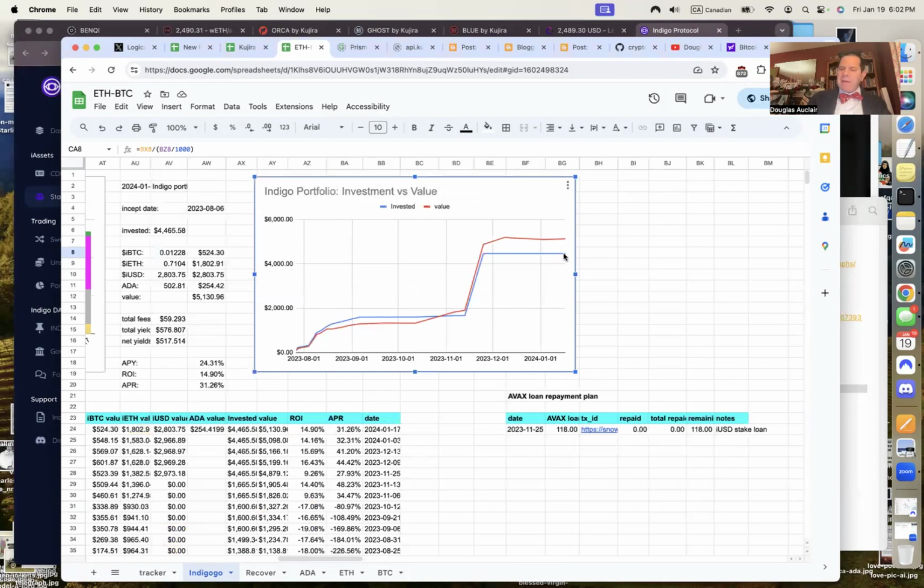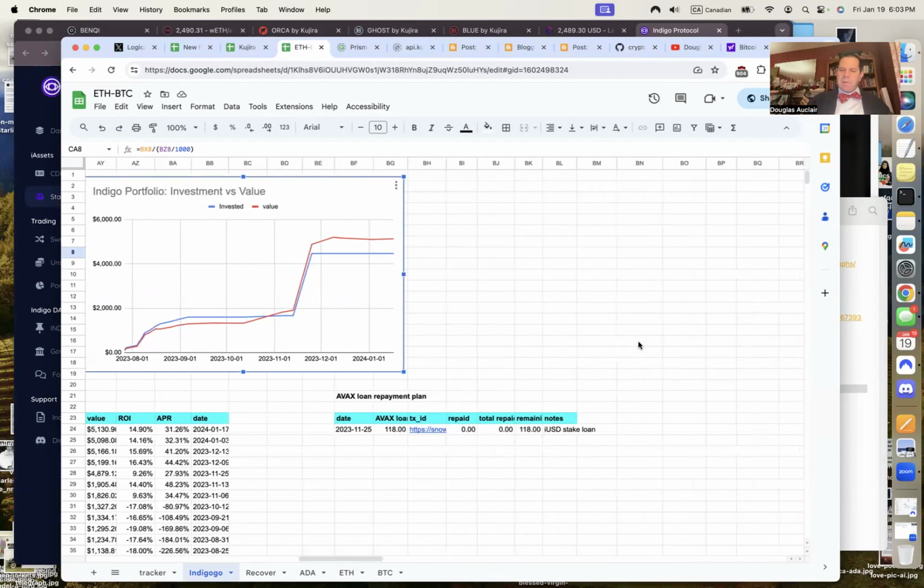So I invested $4,465 into my portfolio. Because the price of Bitcoin and Ethereum has grown over time, my portfolio is worth $5,130. So simply holding Bitcoin and Ethereum is a good value proposition at present.